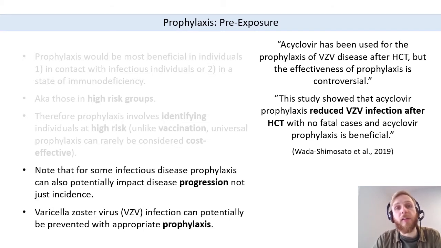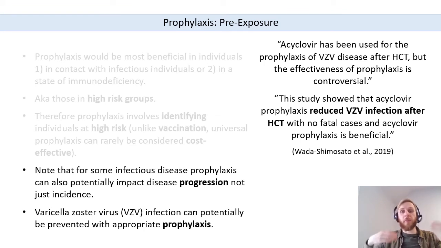There's good evidence that giving acyclovir to individuals who have an increased susceptibility to VZV infection, because they have reduced immunological function after a HCT, will induce some level of resistance.